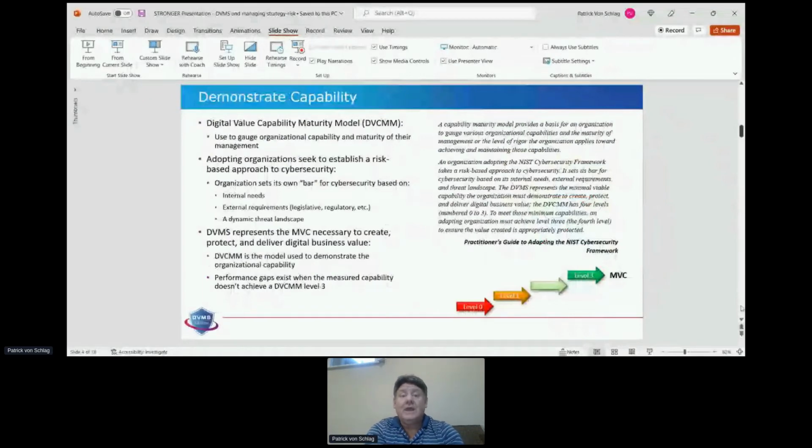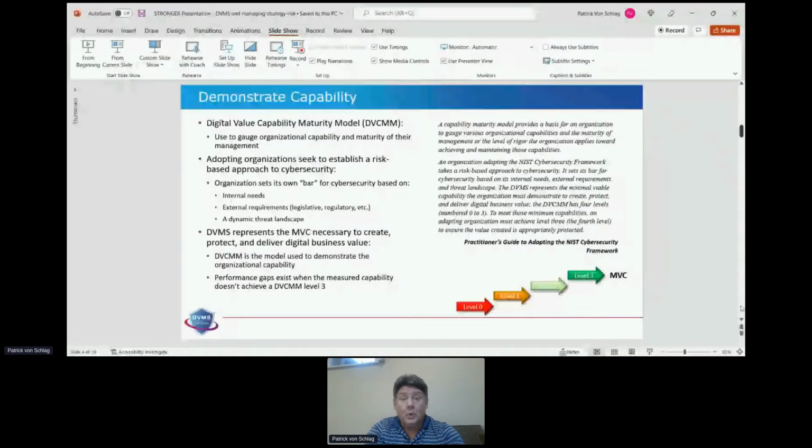As you start looking at each of the capabilities, we introduce what is called a digital value capability maturity model. Right? What is our relative level of organizational capability around aligning strategic and organizational governance and policy and strategy goals to our operational capabilities to create and execute organizational capabilities, both to deliver digital business services and to be able to successfully protect them?